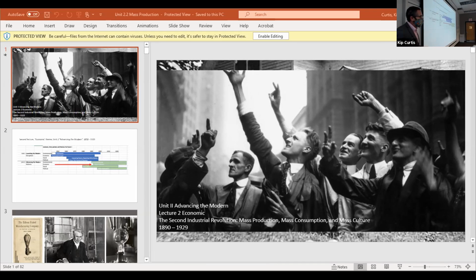Now let's look at ourselves, economic, the second unit in advancing the modern. So in the advancing the modern, last time we saw the way in which lands which were public suddenly became refined as part of an environmental management state, forest lands with conservation values placed on them by the nation state.